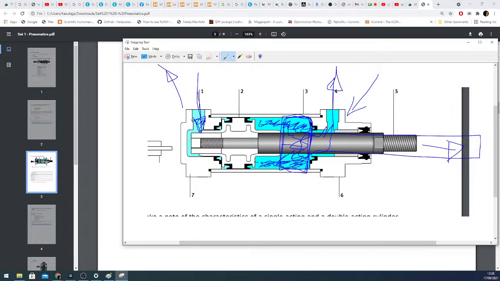Construction-wise, this cylinder is the easiest cylinder to construct. It has the fewest parts, at least for a piston rod cylinder.